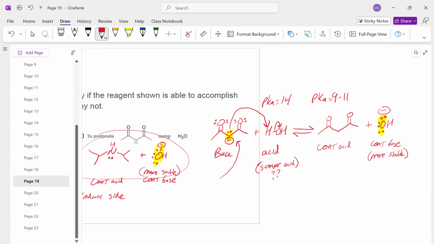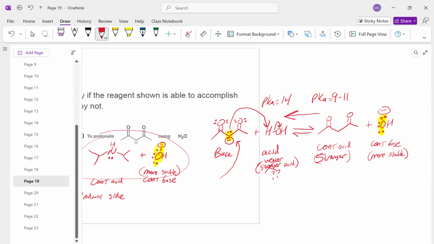So according to the pKa, this acid on the right, the conjugate acid, is actually stronger, and water is a weaker acid based on the pKa's. And so this equilibrium favors the reactant side.